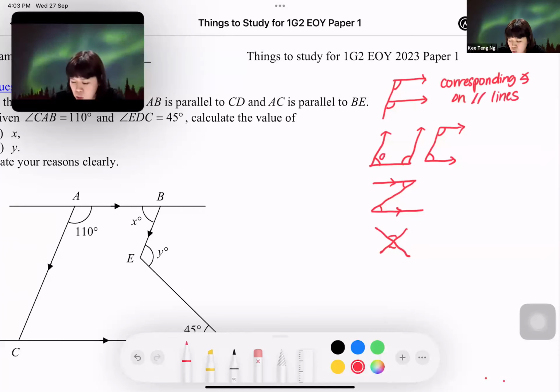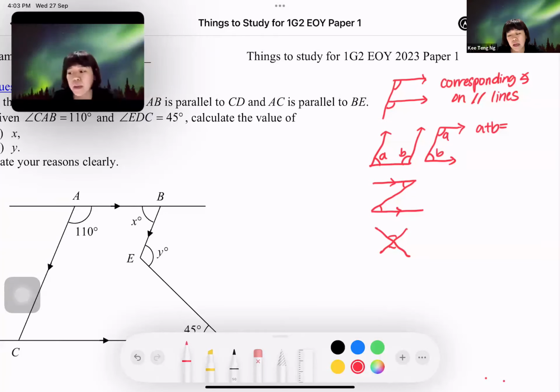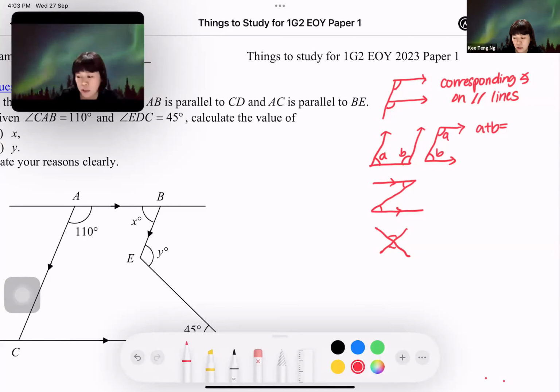Next one, this one that looks like letter U, A and B. The A plus B will give you how many degrees? Anyone know? Or you can type me the answer if you need to. This one will add up to 180 degrees. Anyone know the name?